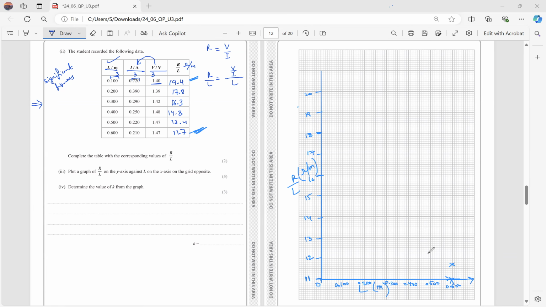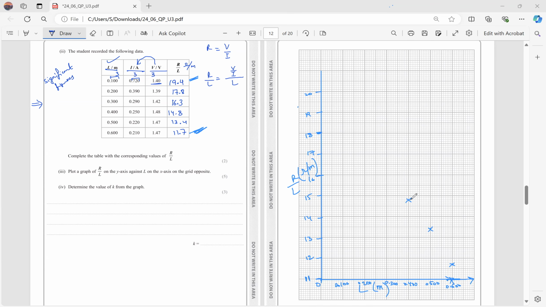Then we have 13.4 corresponds to 0.5. So that would be this one. Then we have 14.8. That corresponds to this one for 0.4.